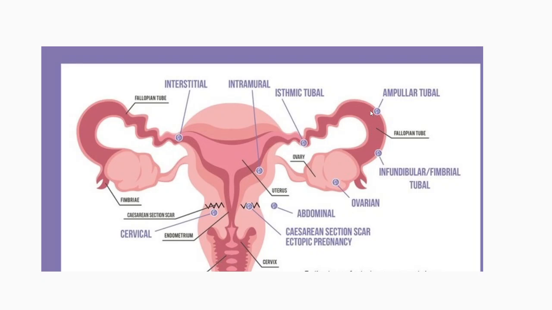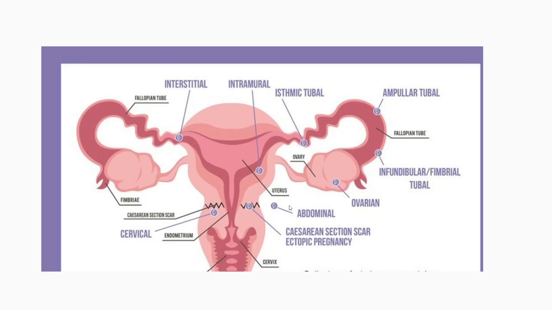In that, only 2% covers the infundibulum, whereas 70% covers the ampullary region, interstitial will be like 18%, and isthmus will be around 25%. Sorry, I had mistakenly said that interstitial will be very less. Sorry, infundibulum will be very less, that is about 2%.